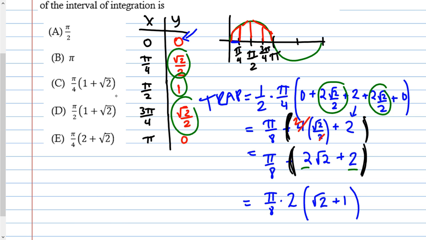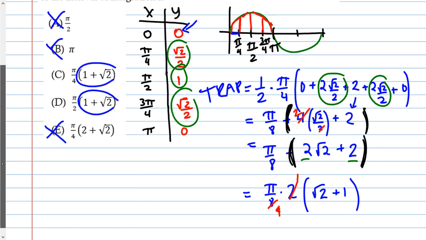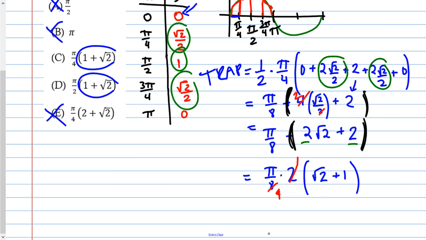And that's probably why I get this. It's one of those. But then the 2 and the 8 cancel out. Or well, not cancel out, but they can be reduced. And I end up with pi over 4 times square root of 2 plus 1, which is this one. Only that they wrote the 1 first. Big deal. Okay. Next.